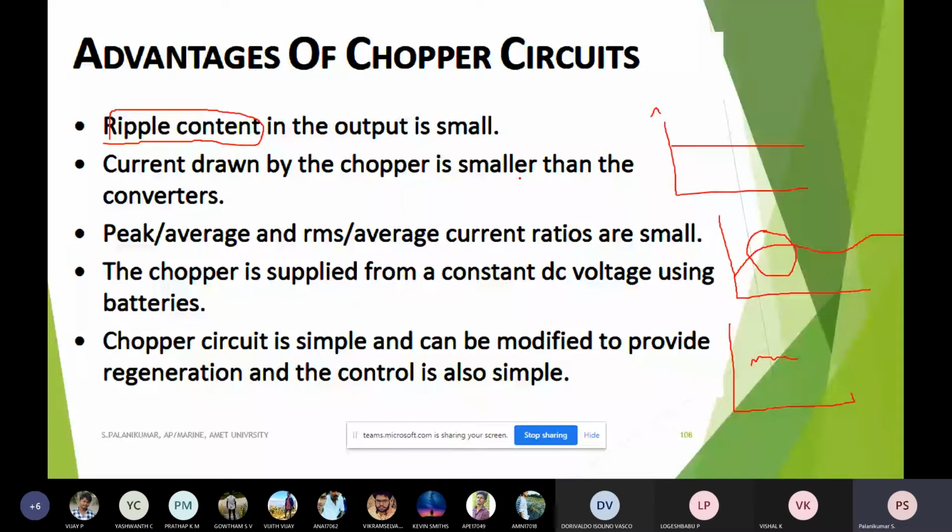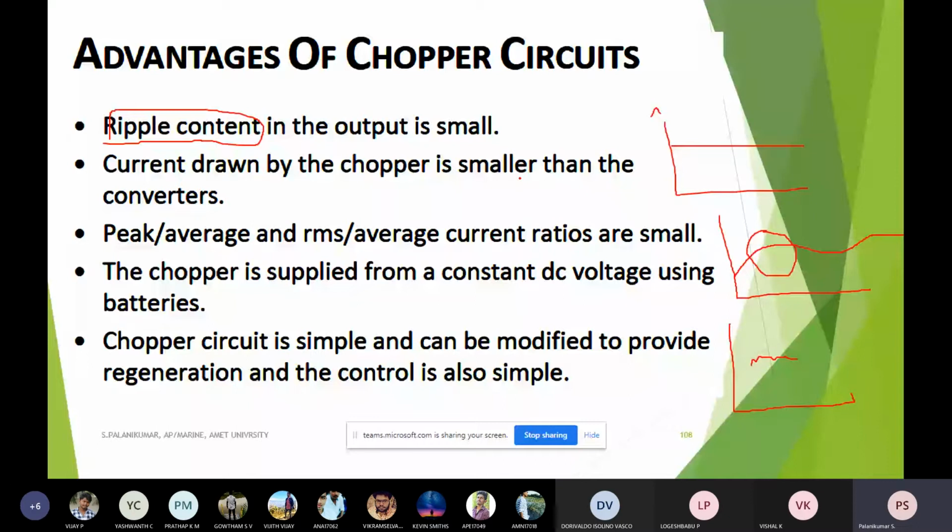Firing angle means exactly at what angle of the input sinusoidal voltage we trigger the gate terminal, that is, send the gate pulses. That is called firing. Whereas in a chopper, it is purely in a cycle.